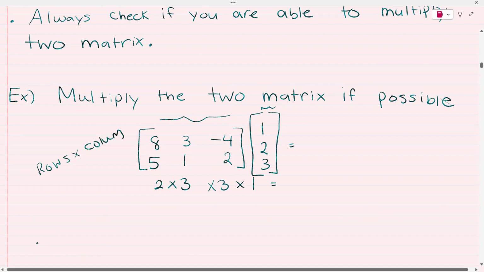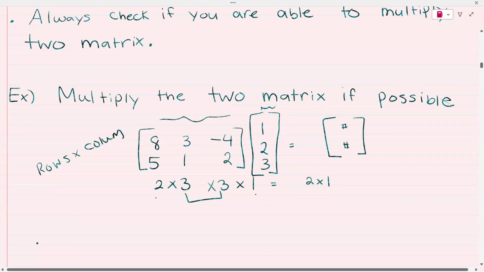Can we multiply these two matrices? Yes, because these two numbers are the same. And the final outcome is this number by this number, so 2 by 1. So your final matrix will be a 2 by 1, 2 rows and 1 column.